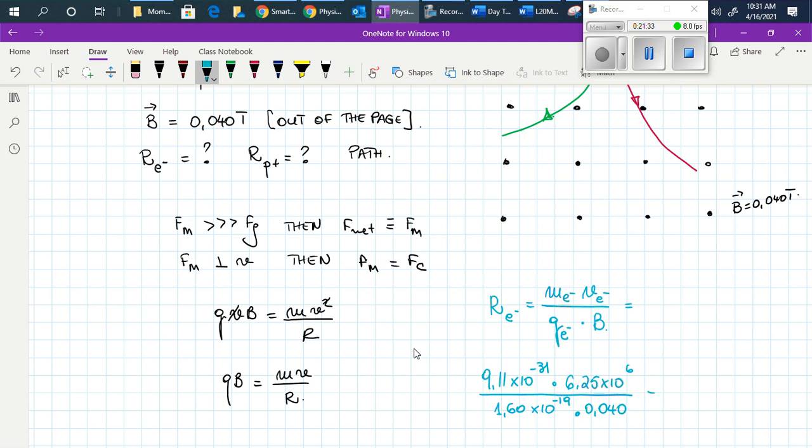Enter this in your calculator, and I will do the same and see what it is. What I have is 8.90 times 10 to the power of negative 4 meters. And this is the radius of the electron.